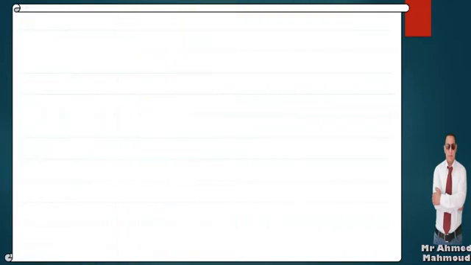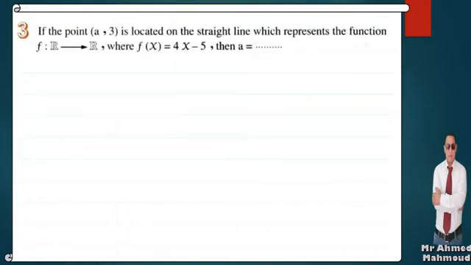Number 3, if (a, 3) is located on the straight line which represents the function f from R to R, where f of x equals 4x minus 5, then a equals. As we said before, this one is x and this one is f of x or y. Then in place of f of x, I'm going to write 3. In place of x, I will write a.